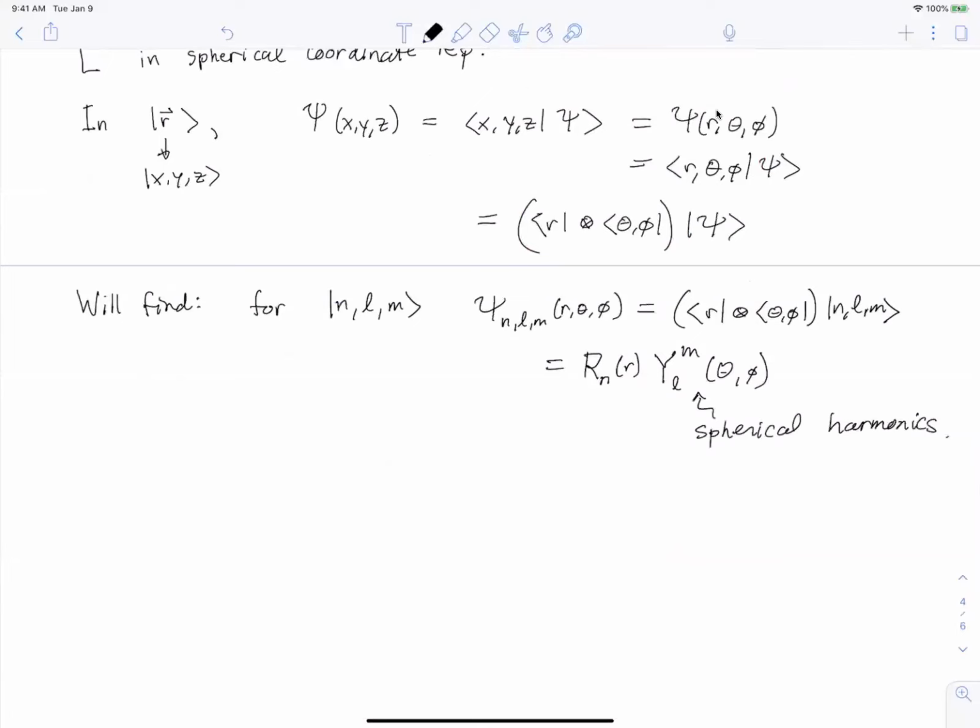Okay, so we're basically solving an eigenvalue problem, and so we have operators like L sub x, which is y p sub z minus z p sub y.